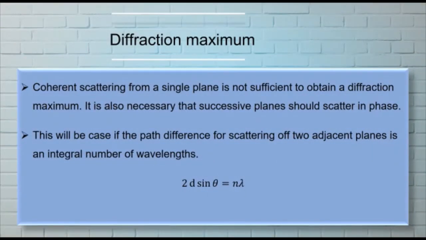For a diffraction maximum, coherent scattering from a single plane is not sufficient. It is also necessary that successive planes should scatter in phase. This will be the case if the path difference for scattering from two adjacent planes is an integral number of wavelengths.